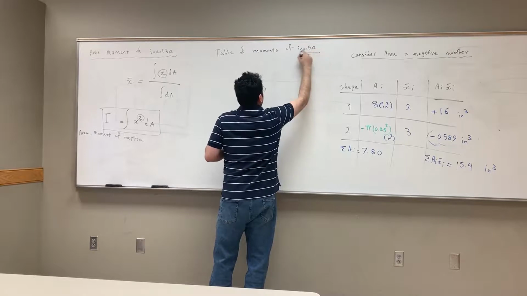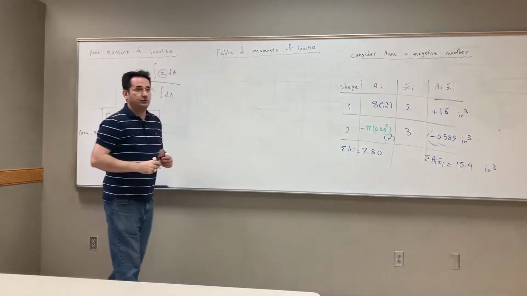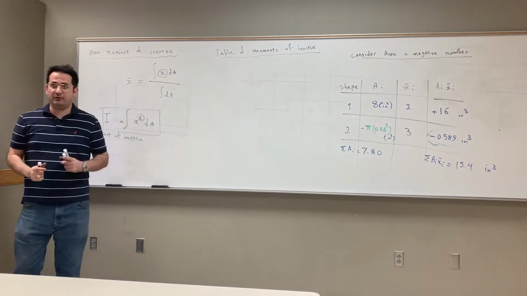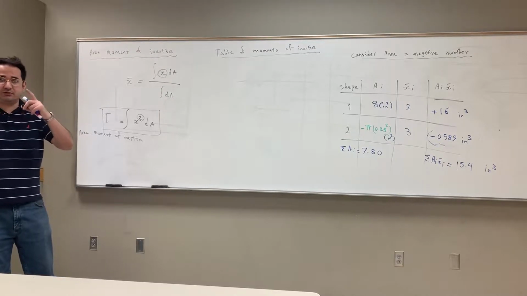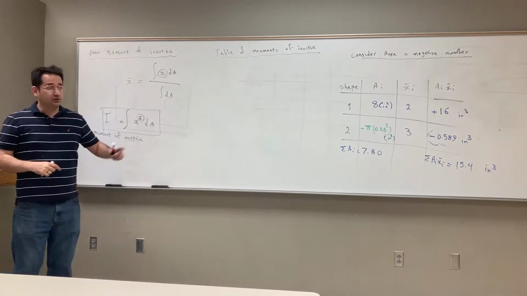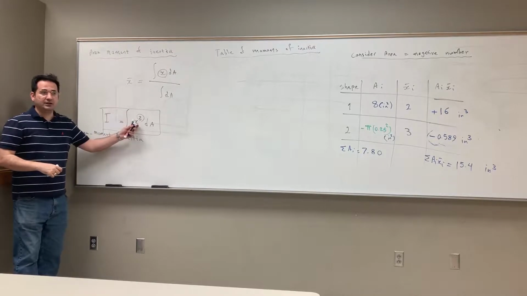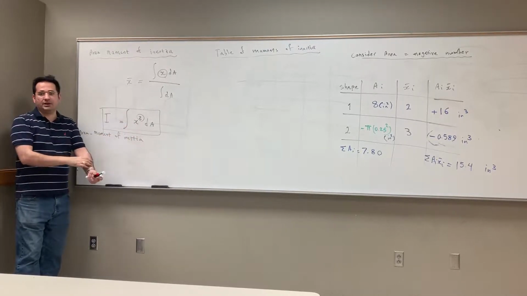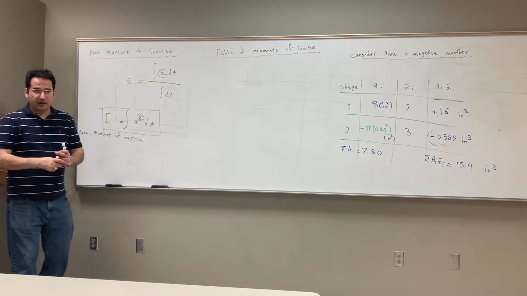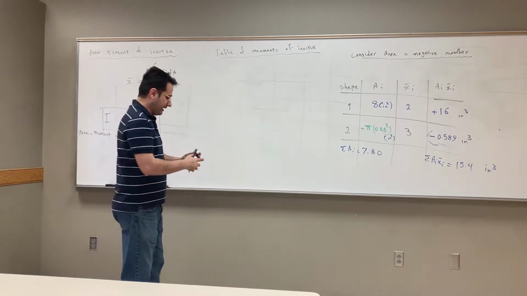And you just look up the formula you need for that particular shape, like if it's a triangle or circle or rectangle. Somebody took this integral and just gave you the formula and you just use it, right? Now let's do an example.